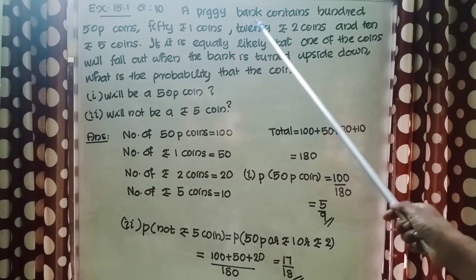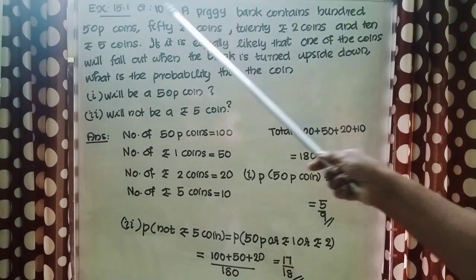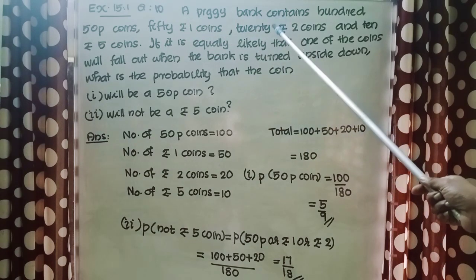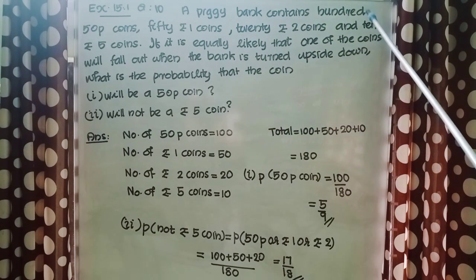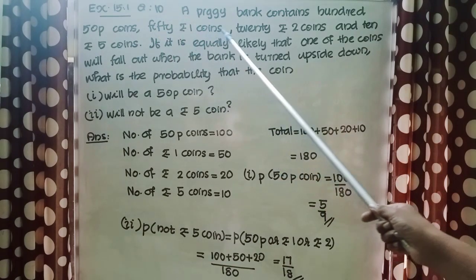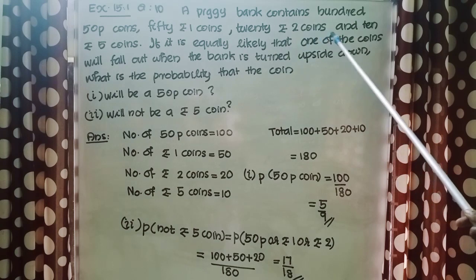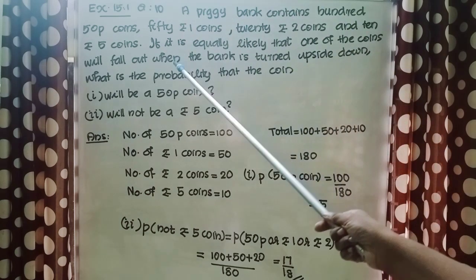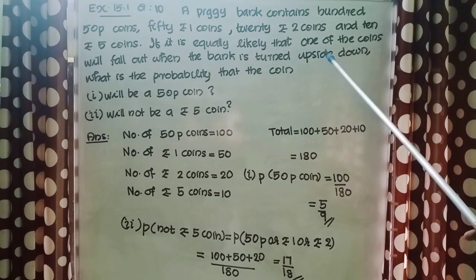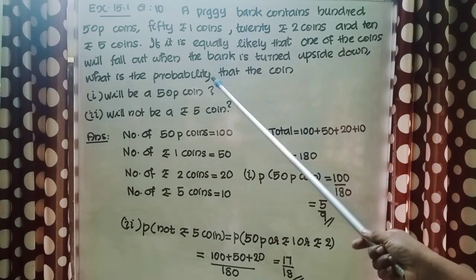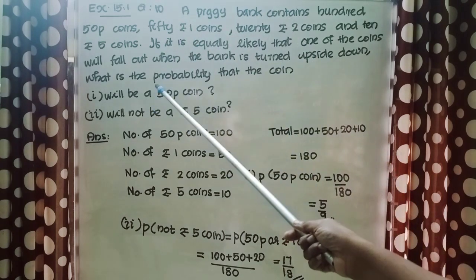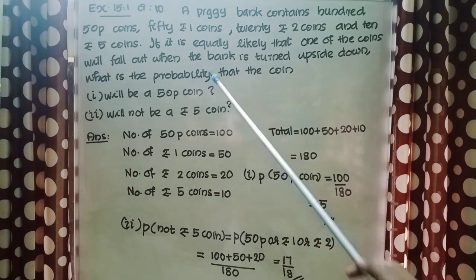A piggy bank contains 100 50 paise coins, 50 rupees 1 coins, 20 rupees 2 coins and 10 rupees 5 coins. If it is equally likely that one of the coins will fall out when the bank is turned upside down, what is the probability that the coin, first question, will be a 50 paise coin.